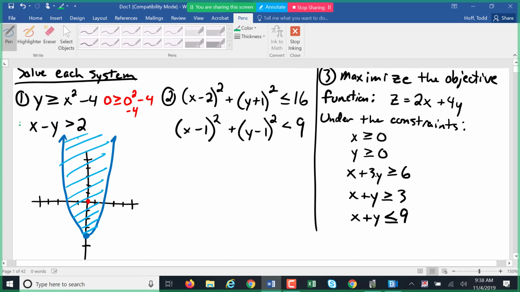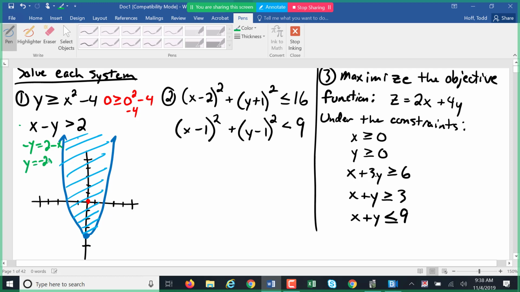Now we'll graph the second one down there. x minus y is greater than 2. Again, what we're really graphing is x minus y equals 2. We could put this in slope-intercept form if we wanted to. We could subtract x from each side, giving us negative y equals 2 minus x, and divide by negative 1, or multiply by negative 1, either one, to get rid of the negative.